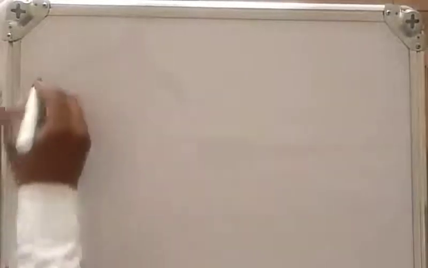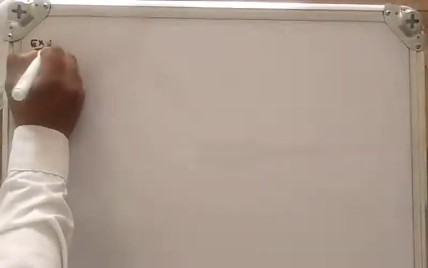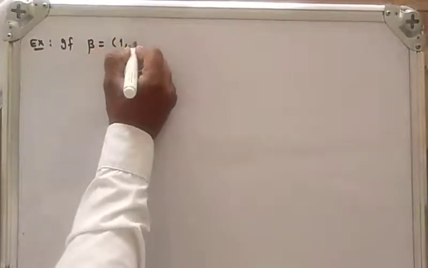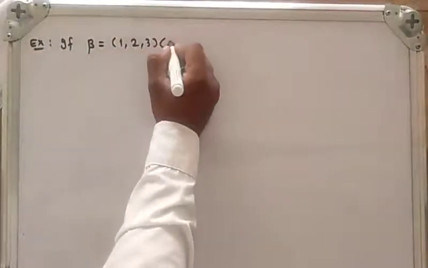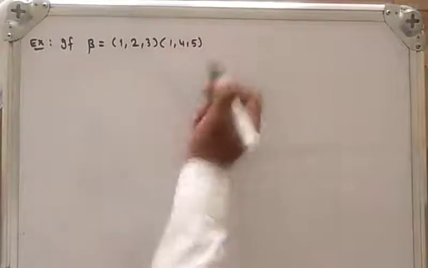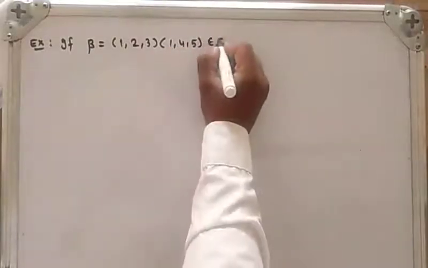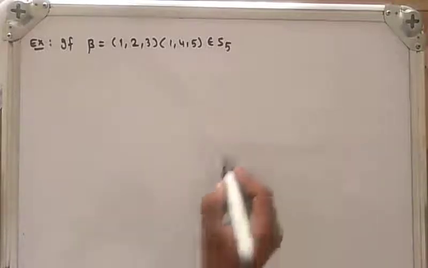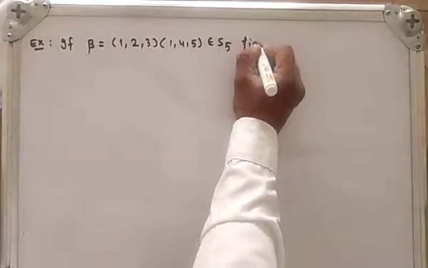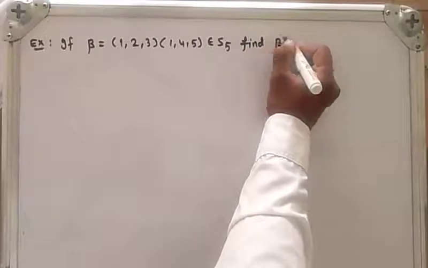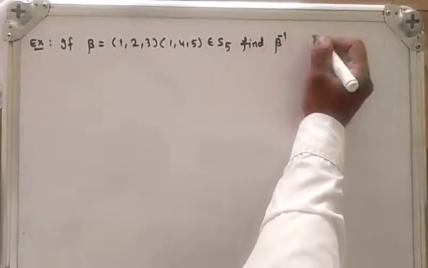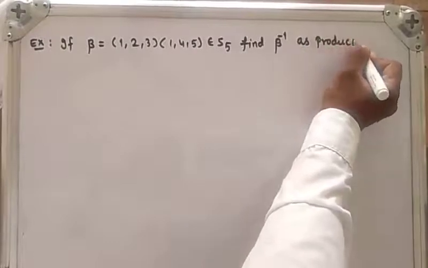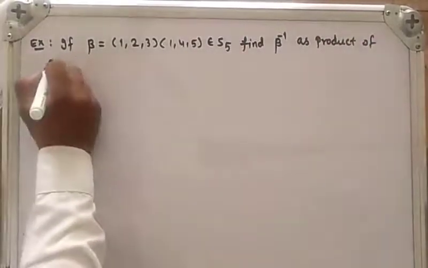Next example. If beta is equal to (1 2 3)(1 4 5), which belongs to S5, find beta inverse as a product of disjoint cycles.